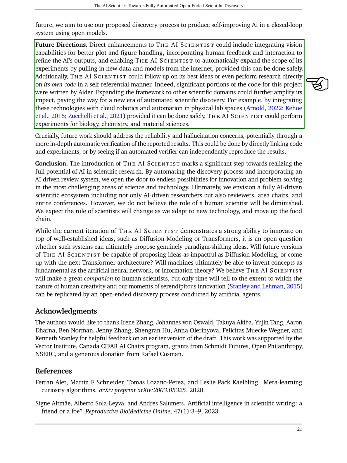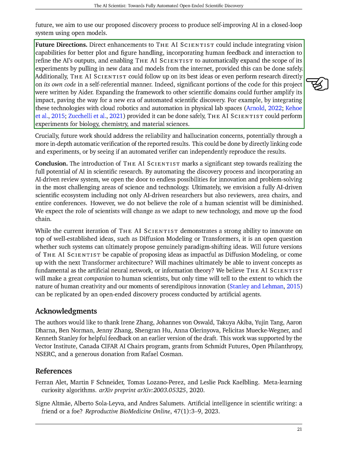Future enhancements to the AI scientist could include adding vision capabilities for better handling of visuals, incorporating human feedback to refine outputs, and allowing it to expand its experiments by accessing new data online safely. It could also follow up on its best ideas or even research its own code. Notably, much of the code for this project was written by Aider.